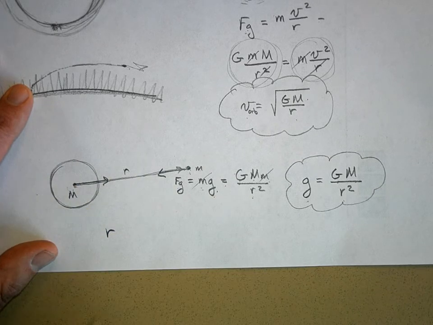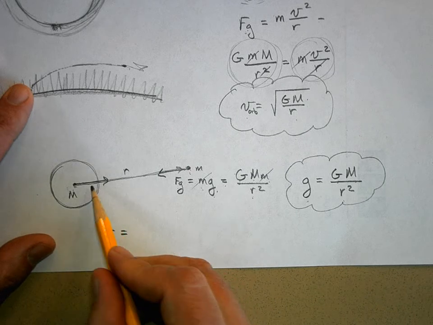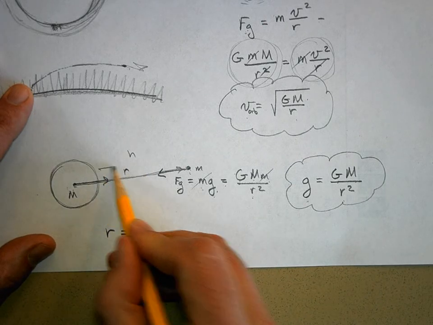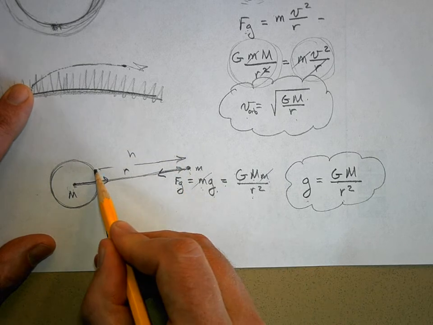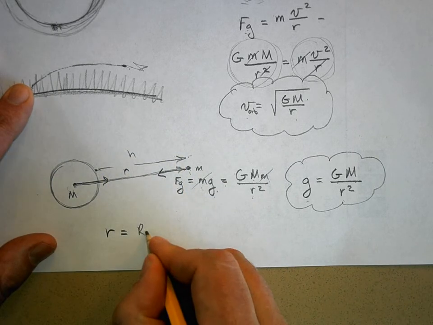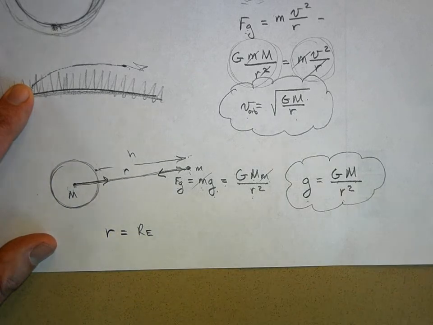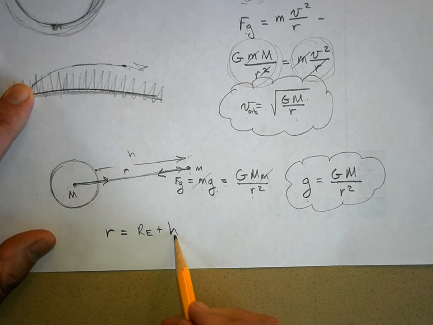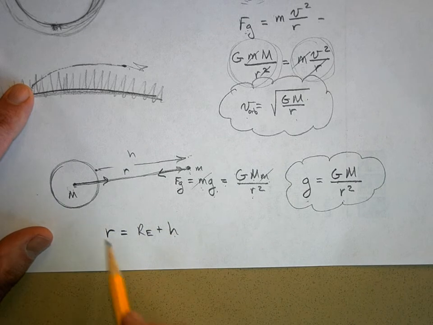If they give me h, and h is the distance from the Earth's surface to my satellite, then r is going to be the radius of the Earth or the Moon or Mars or whatever planet we're looking at, plus my height above the surface. So you have to remember to use this equation.